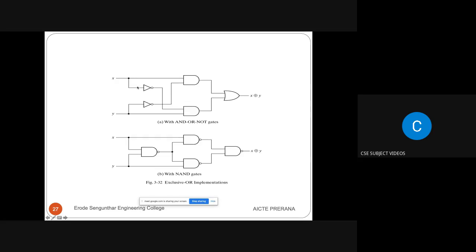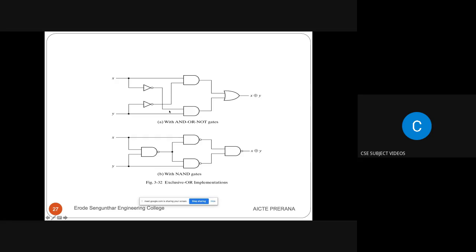This AND gate is x y dash. For this AND gate, it is x dash y, and connecting these two outputs to an OR gate, we will get x dash y plus x y dash. So that can be written as x plus with circle y.